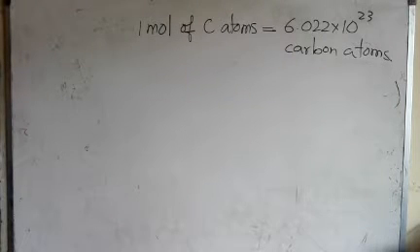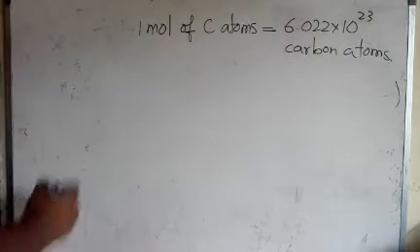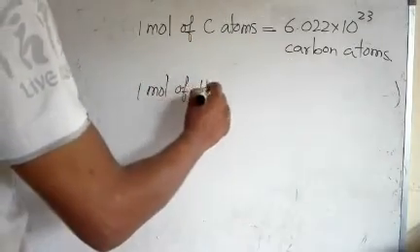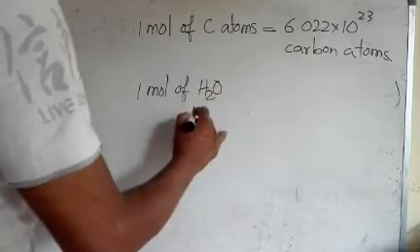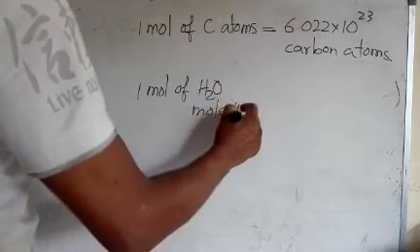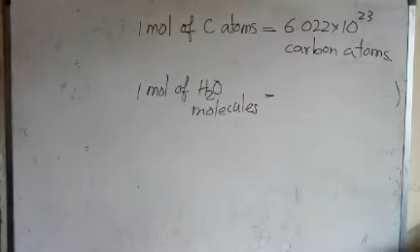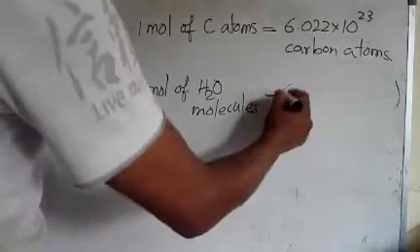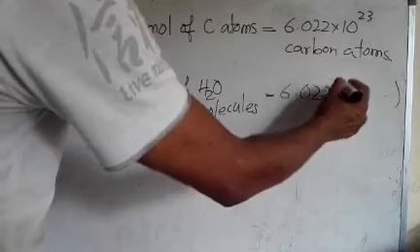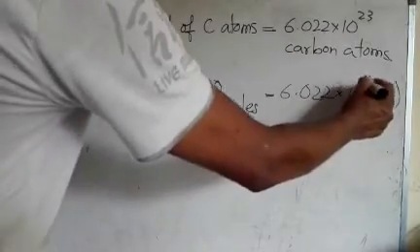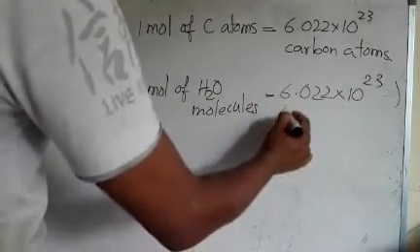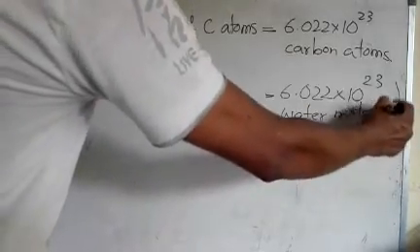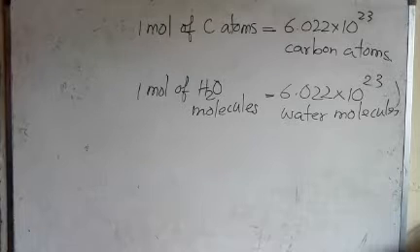And if you say 1 mole of water molecules, the meaning is there are 6.022 into 10 to the power 23 water molecules. A large number of molecules.